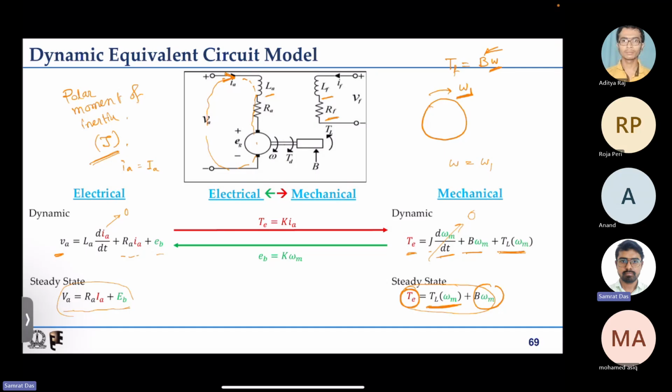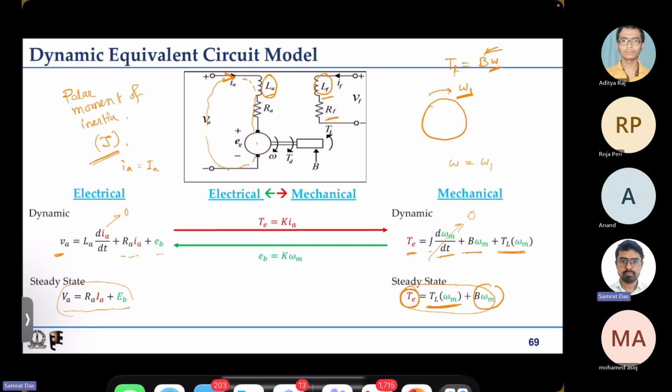So that is the understanding of the dynamic equivalent circuit model. We will try to understand these inductances from the field understanding that we have developed, or are going to develop, for this DC motor.